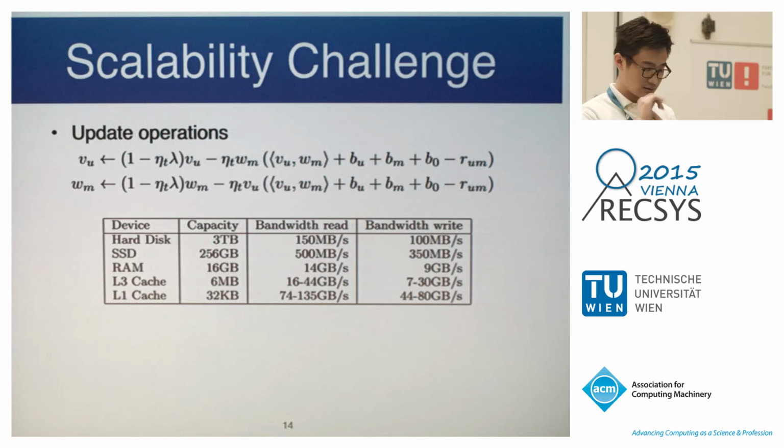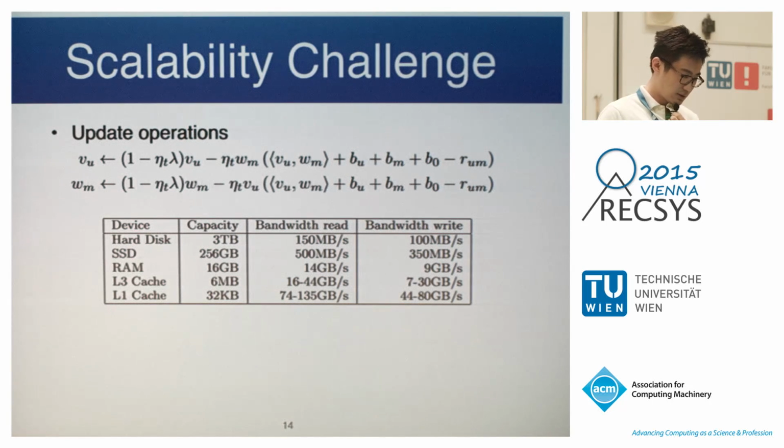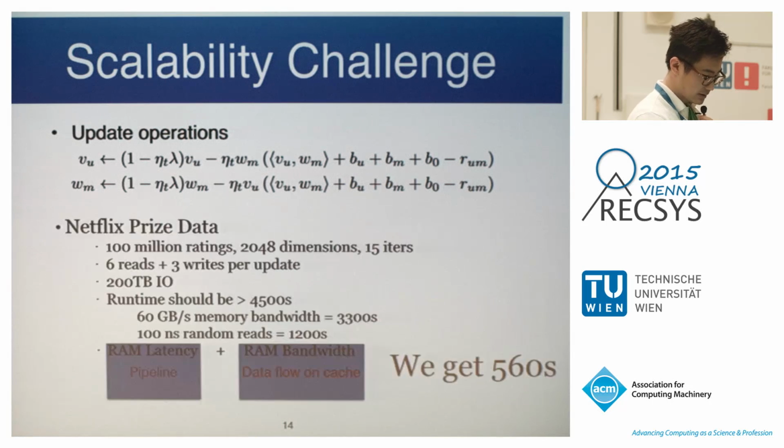This is a benchmark on a 2011 MacBook Pro. Basically, if you see this table, it can be seen that level 1 cache bandwidth is an order of magnitude faster than RAM bandwidth. So our idea is to make our data flow on a cache level.